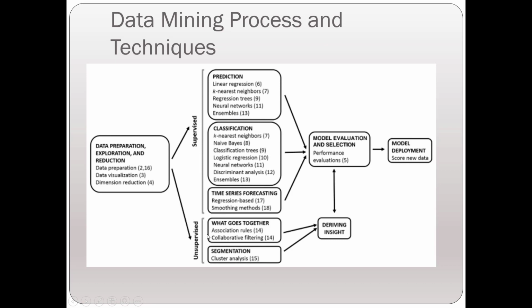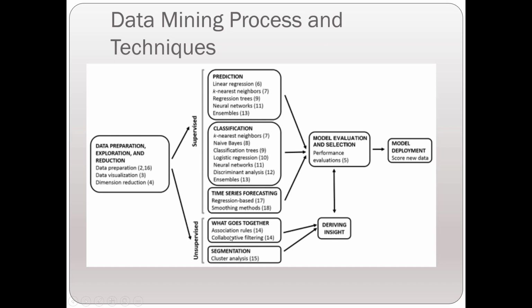And then unsupervised will be association rules or cluster analysis. Association rules are like, if you buy milk, what else will you buy? That kind of stuff. There is a famous joke that if a man buys diapers, then he will buy beer or something.